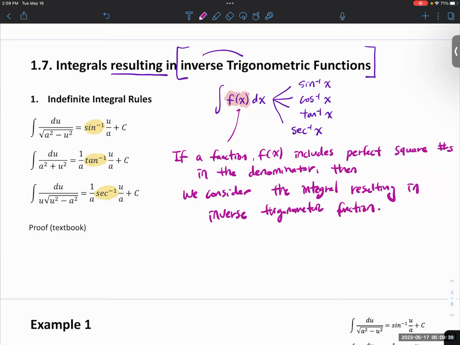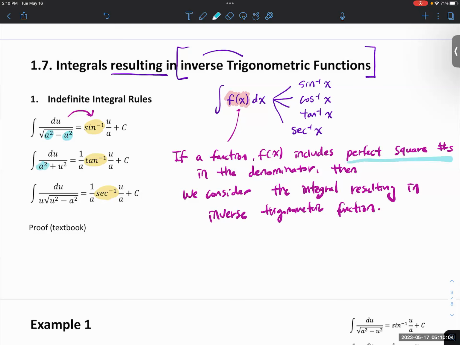So here is the thing. This is the function that you're going to deal with. Let's say I have 1 over radical a squared minus u squared. If you're taking the integral of this unique function, the outcome will include sine inverse. Another one, there's no radical, but a squared is a perfect square number.